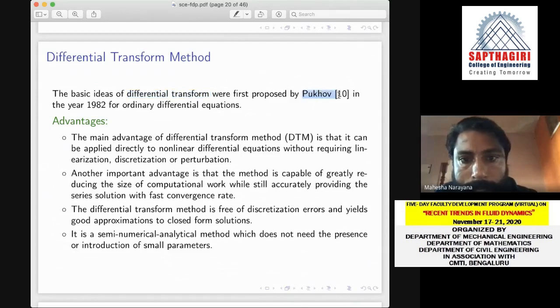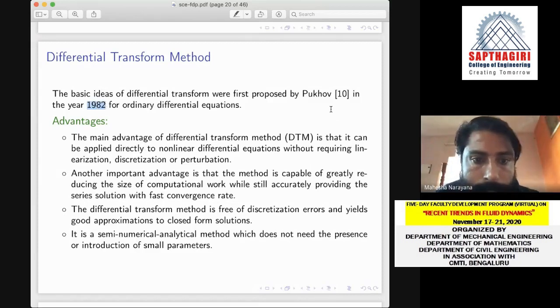Okay. But in the literature, the credit is being given to another Chinese mathematician, Zhou. His work appeared 4 years later. But the original work on the differential transform was reported for the first time by Foucault, which went unnoticed by many of the researchers, and this work has not been cited in many of the differential transform works.